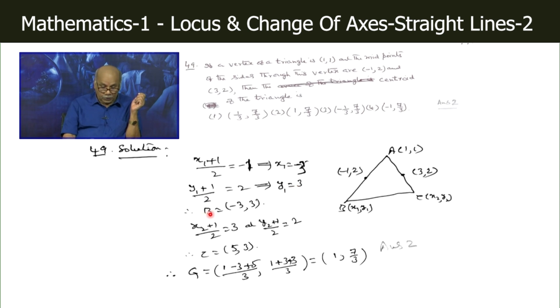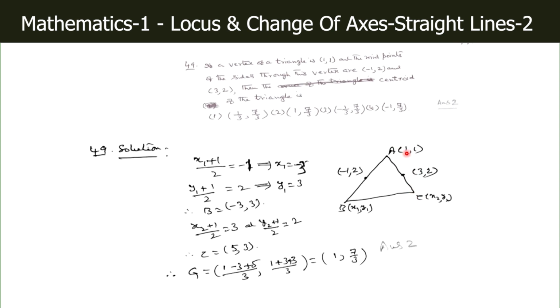So therefore B is equal to (minus 3, 3). Similarly for C, if C is (x2, y2), (x2 plus 1) by 2 is equal to 3 and (y2 plus 1) by 2 is equal to 2. So if you apply that, C is equal to (5, 3).